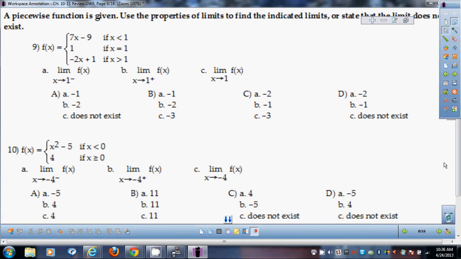No, I just want the left hand limit number. Leslie. It is -5. You plug 0 into the left hand, you get -5. So it has to be A or D. What about the right hand limit, Kevin? The right hand limit would be 4, so it still has to be A or D.